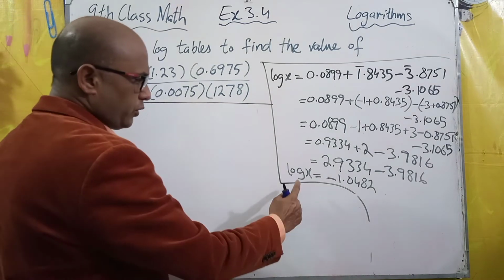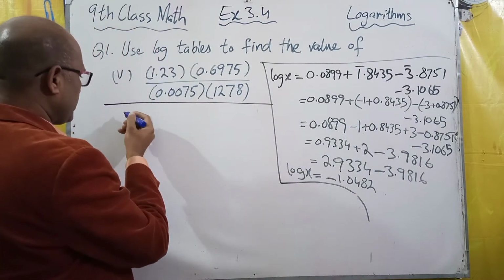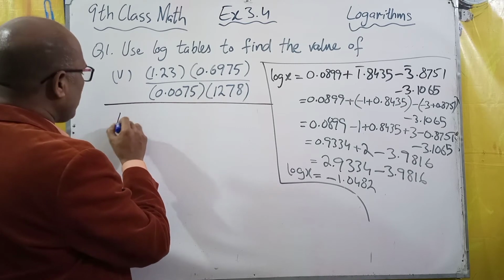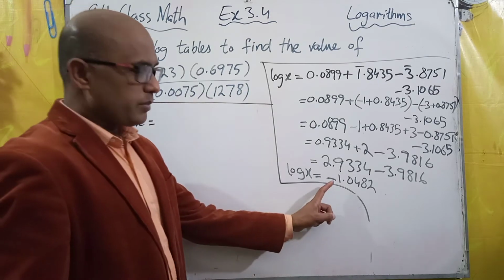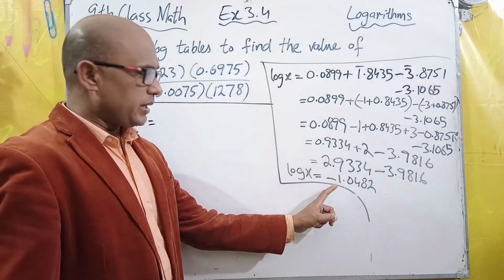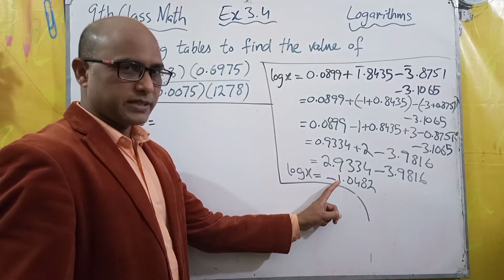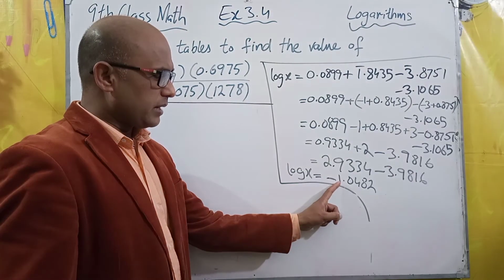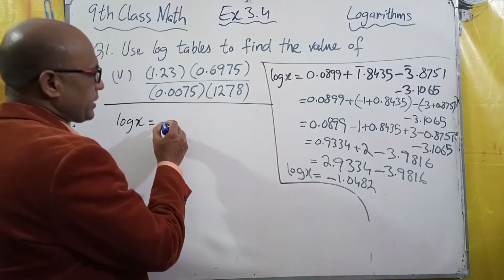Now students, before we take anti-log of this number, we'll change the sign of mantissa. This is minus. We have to add a bigger number than this number, the characteristic. 1 is characteristic, so the bigger number is 2. We'll add and subtract.